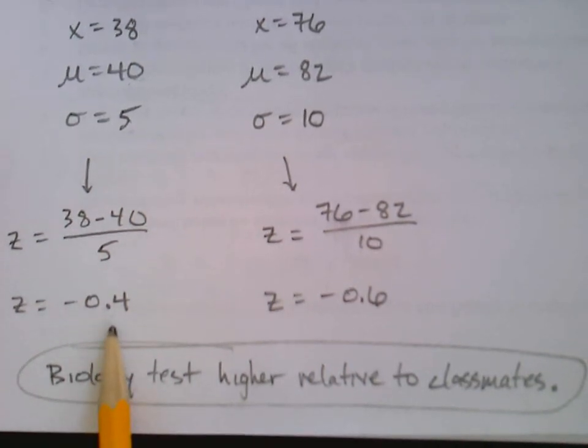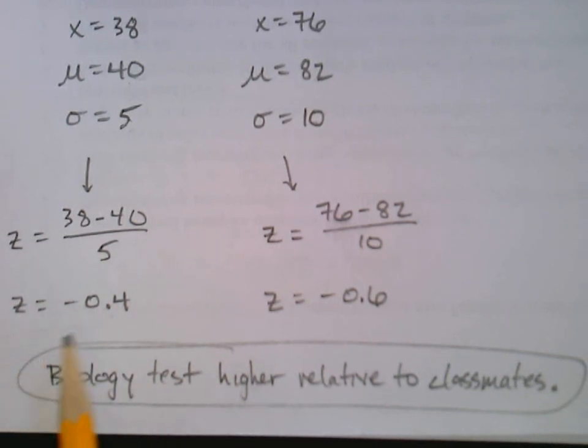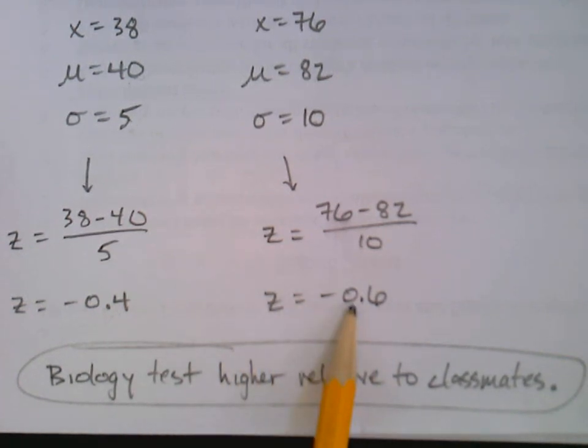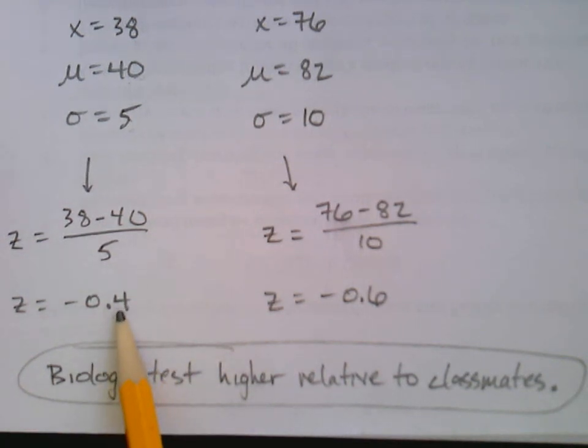He's only 0.4 below the mean on this one. He's 0.6 below the mean on his history test. So again, the moral of the story, you pick the higher z-score. If these were positive, you would still pick the higher one. They just happen to be negative here.